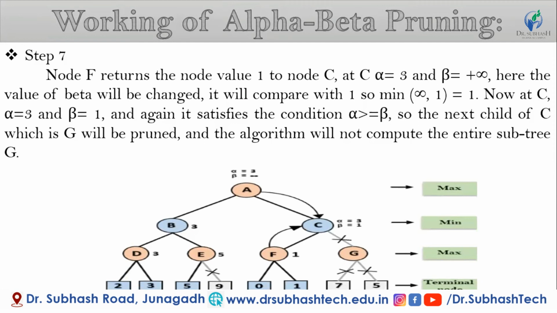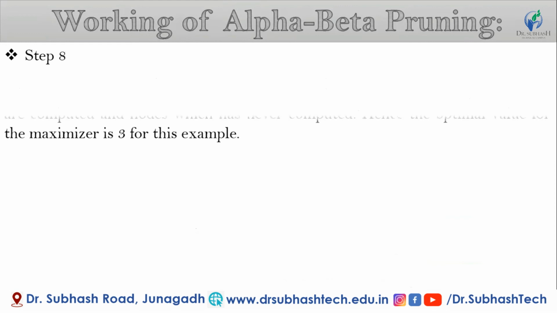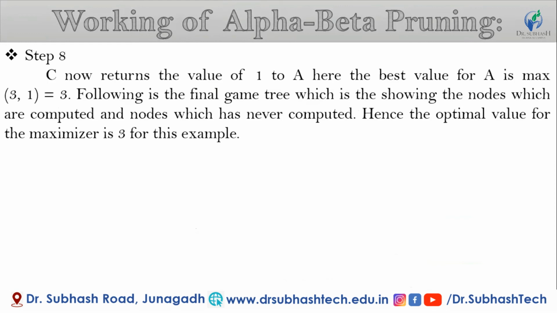Now at C, alpha is equal to 3 and beta is equal to 1, and again it satisfies the condition alpha greater than or equal to beta. So the next child of C, which is G, will be pruned and the algorithm will not compute the entire subtree G. So now in step 8, C returns the value 1 to A.